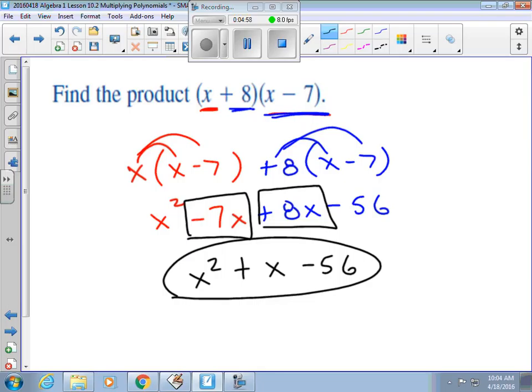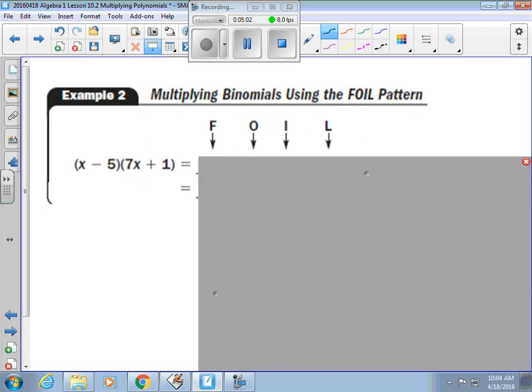The next way we'll multiply is to use the FOIL method: first, outer, inner, last. You multiply your first terms, that's what F stands for, x times 7x. When you multiply those, you get 7x squared, because you add the exponents 1 and 1.